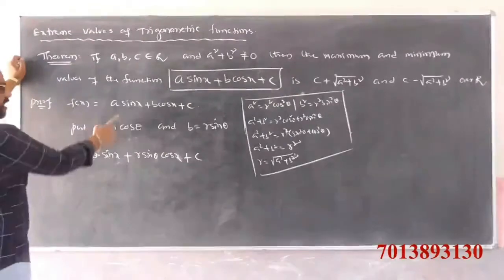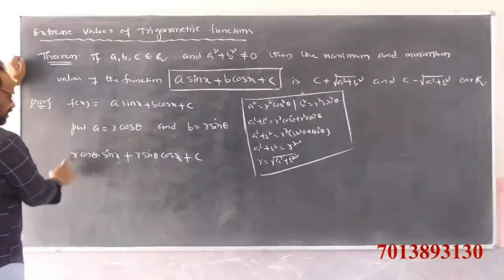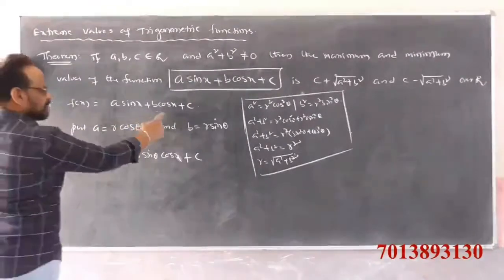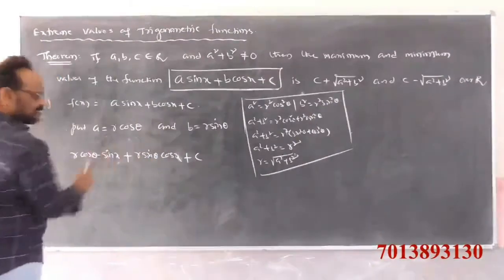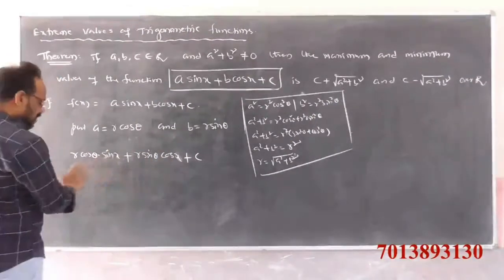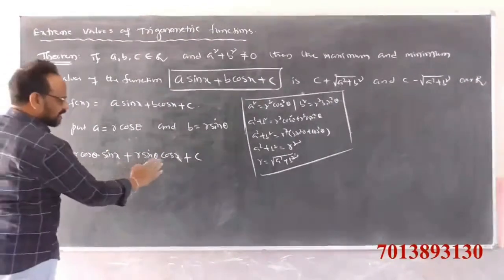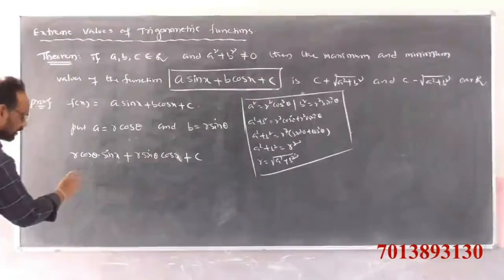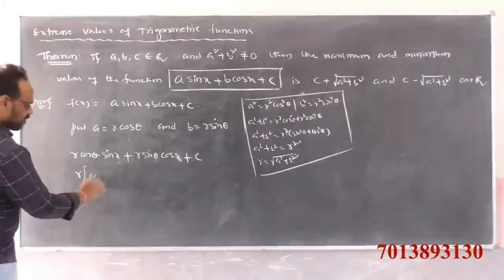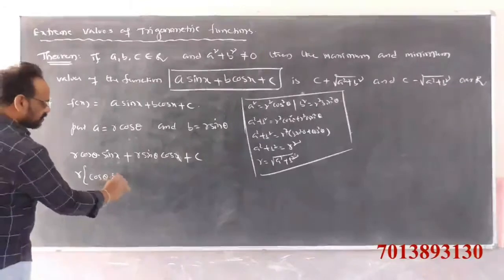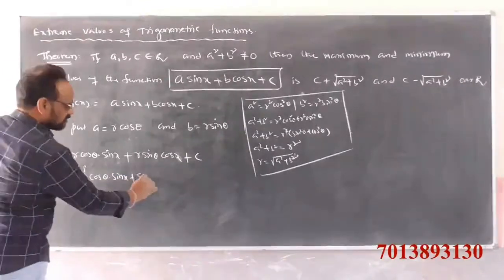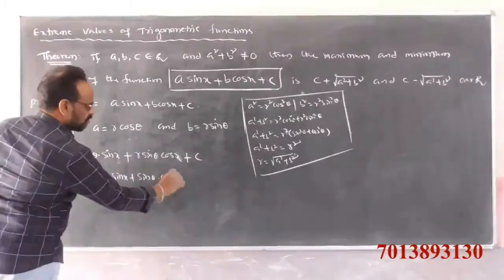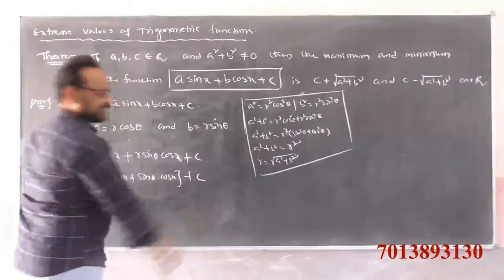In both, take R as common. We get R times cos theta into sin x plus sin theta into cos x, plus c.